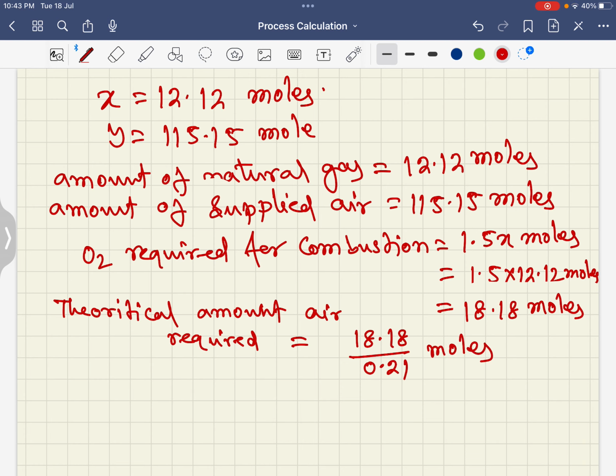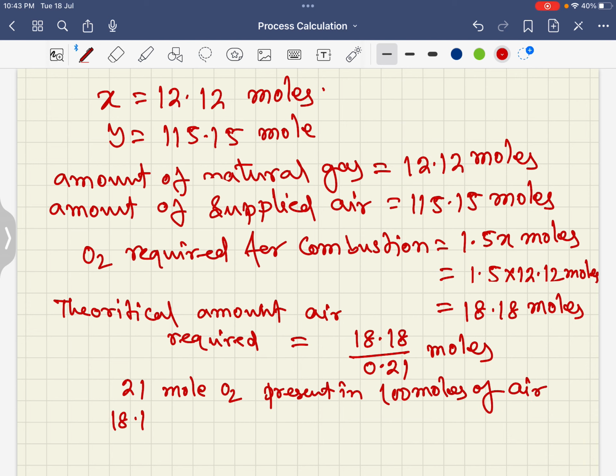So we know 21 mole oxygen present in 100 moles of air, and 18.18 mole oxygen present in 100 by 21 into 18.18.